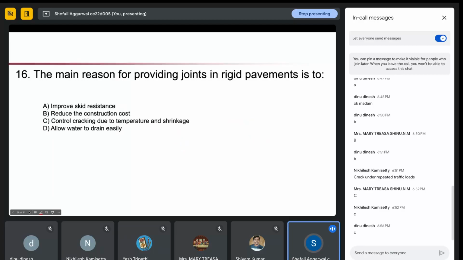Next question is, the main reason for providing joints in rigid pavement is to improve the skid resistance, reduce the construction cost, control cracking due to temperature and shrinkage, or allow water to drain easily. Do you have any question? Somebody raised a hand recently. You can unmute yourself and speak if you have any question.